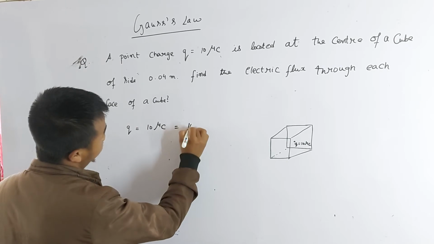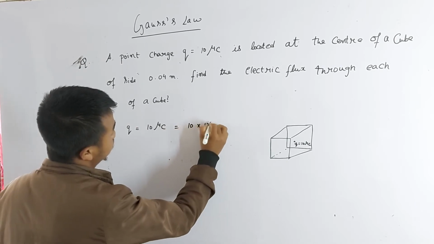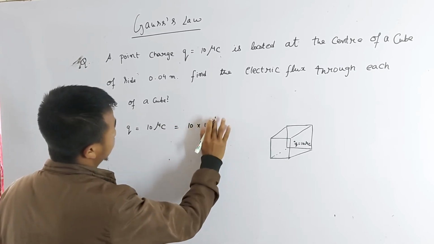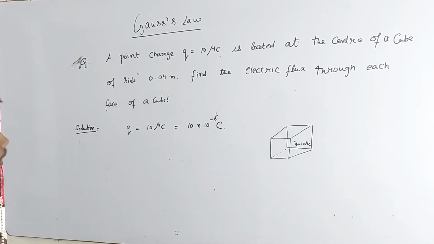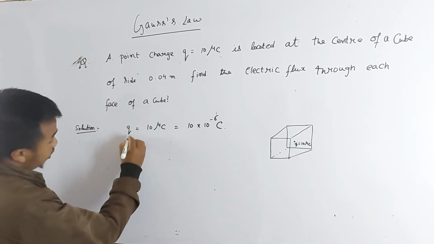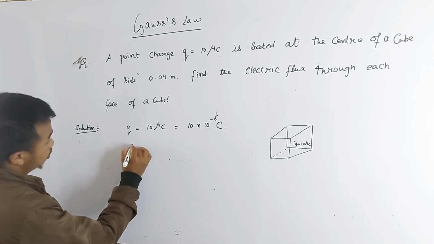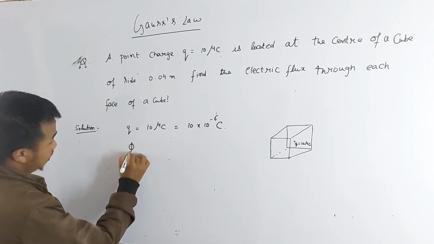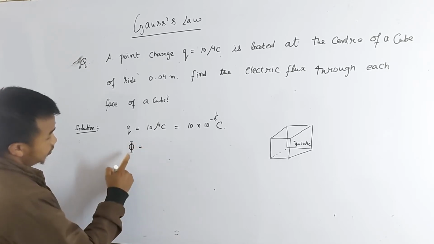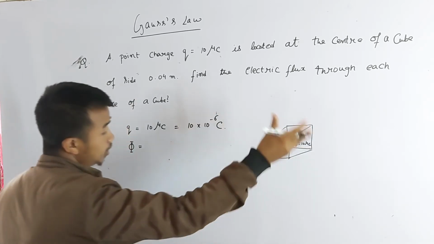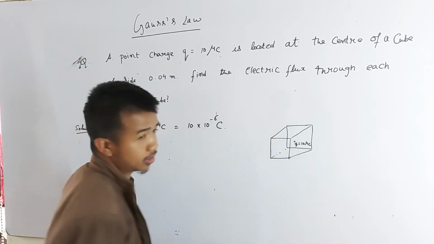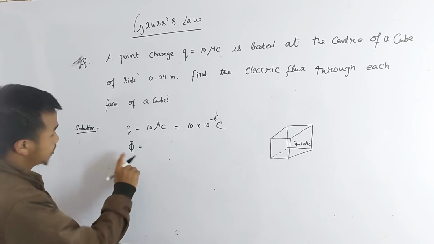This can be written as 10 into 10 to the power minus 6 coulomb in the SI unit. And if you use Gauss's law, what is the total electric flux? What is the flux through all faces of a cube? It is phi.